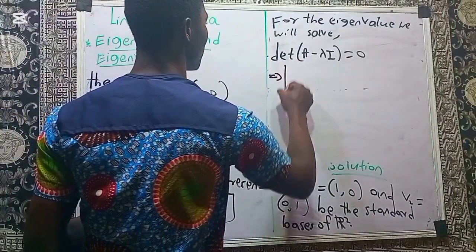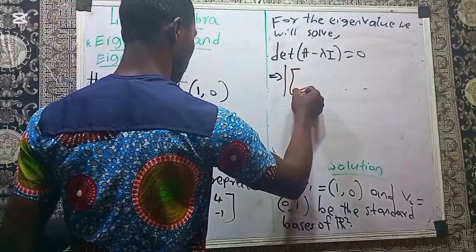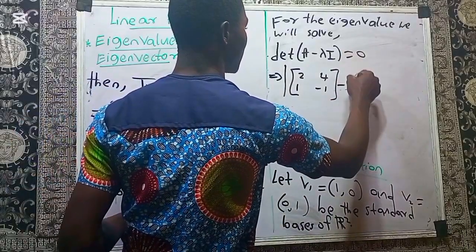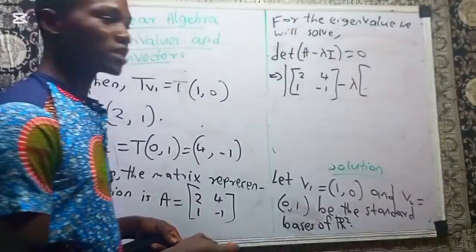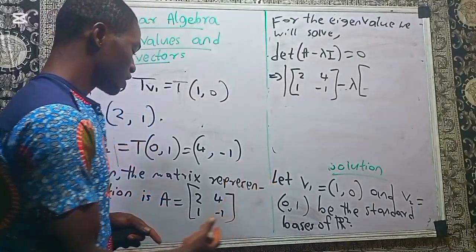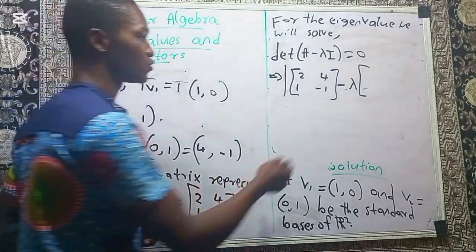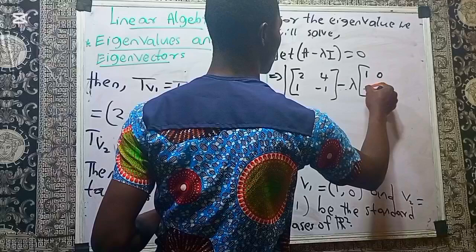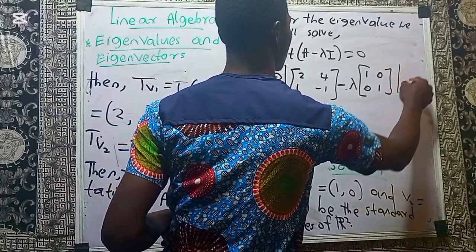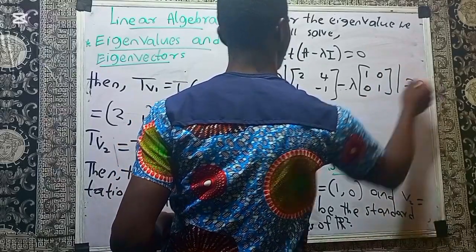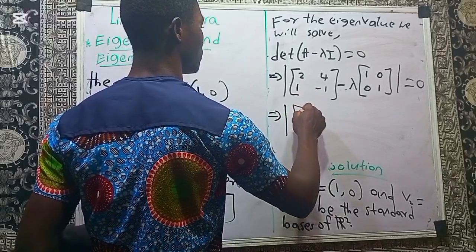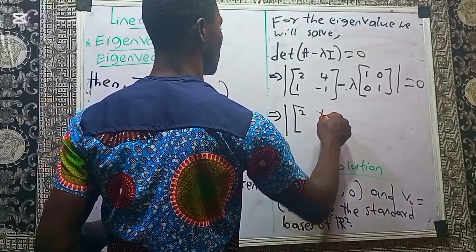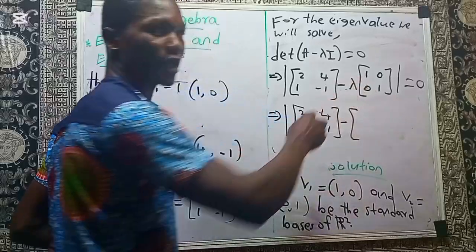So this implies determinant of your matrix A minus lambda I, where lambda is a scalar and I is your identity matrix. The identity matrix will be 2 by 2 because your matrix A is 2 by 2. Determinant equated to 0. So the first thing we have is our matrix A minus lambda multiplied by the identity matrix.